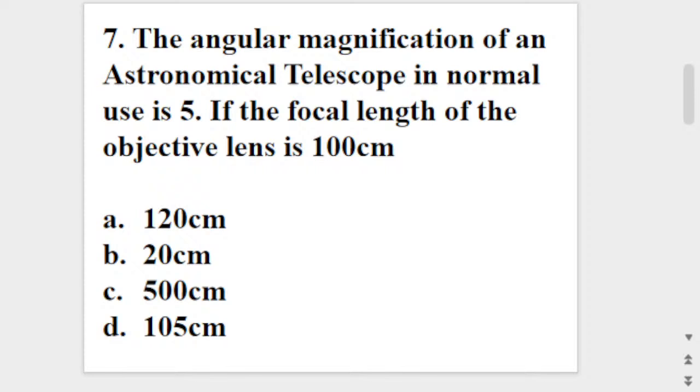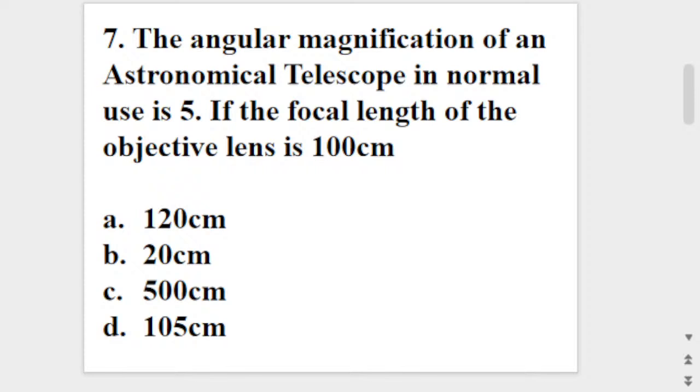The objective lens has a focal length denoted by f naught. That's the focal length of the objective lens. And the focal length of the eyepiece lens is denoted by this. That's the eyepiece focal length.